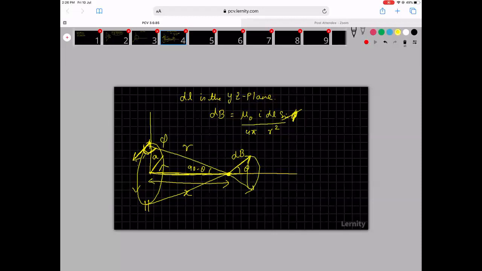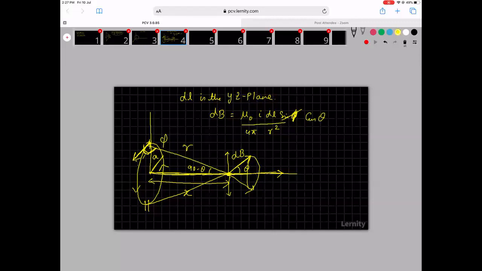I explained to you how that cone looks yesterday. Because it's a cone, the magnetic field along the y-axis will get cancelled, and there will be a magnetic field only along the x-axis, and that is going to look like a cos theta component.